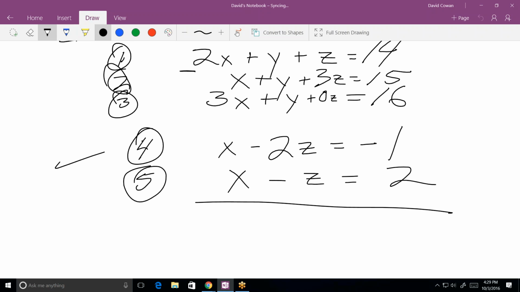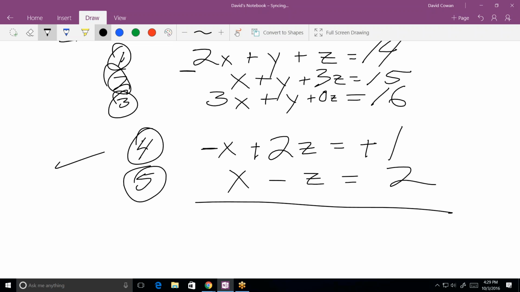Now, a lot of people will go out of their way to turn one of these, in other words, they maybe would multiply the top equation by -1, which you certainly could do. Notice what happens if I do that. I multiply equation 4 by -1. I put a negative there. I put a positive there. I put a positive there.